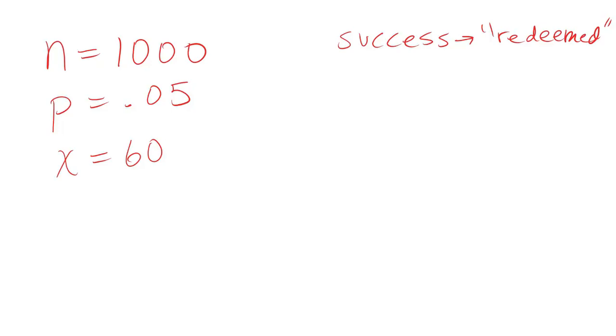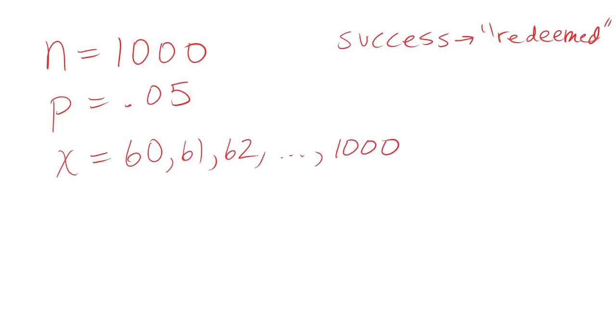If 61 customers show up and try to redeem this coupon, they'll still run out of shirts, but now they'll have an angry customer. That's another case to consider. And if 62 people show up, they've run out of shirts. We don't want to consider just the most extreme case. We want to consider all of the cases where they run out of shirts. So from 60 on.